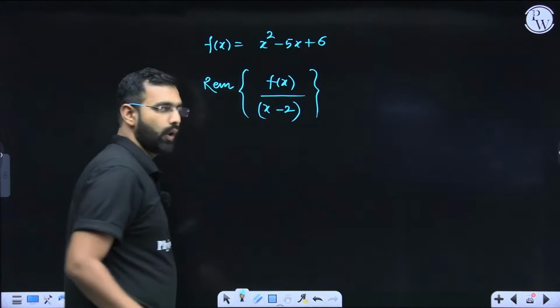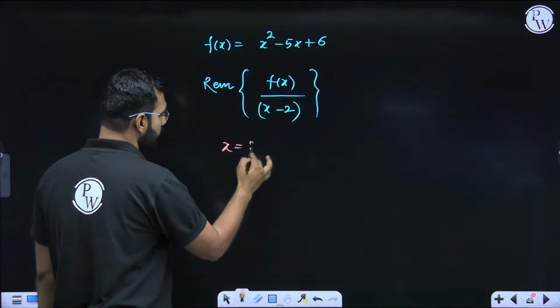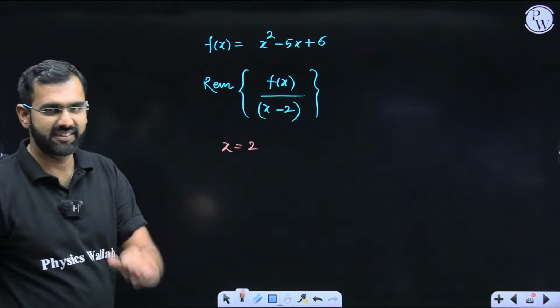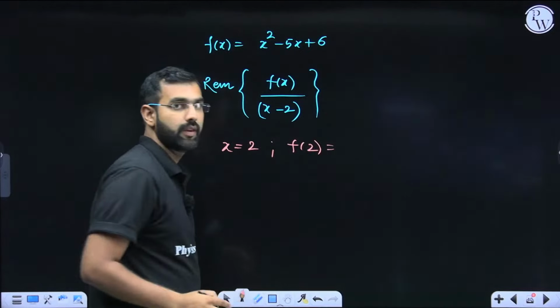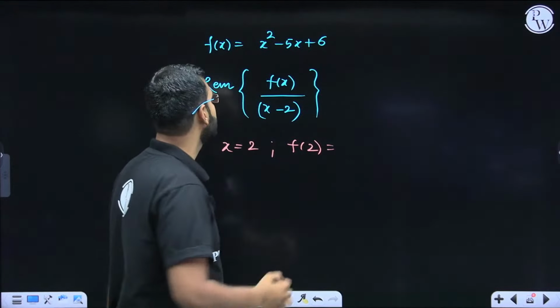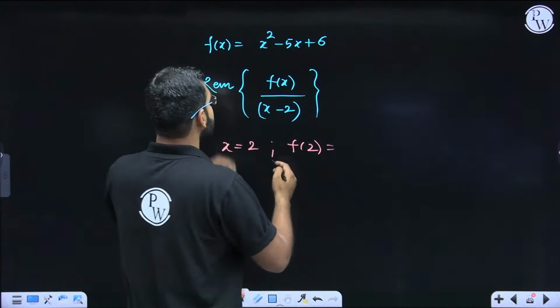Always remember the short technique: the remainder theorem for polynomials says that you put x minus 2 equal to 0, which means you get x equal to 2, and then you find f of 2. What is f of 2? You substitute x by 2, so it will be 4 minus 10 plus 6, which is found to be 0.